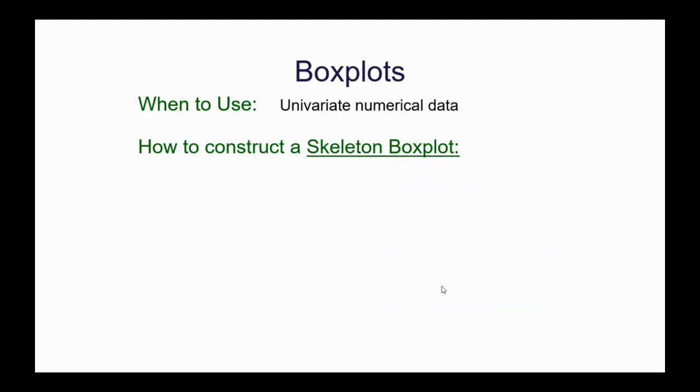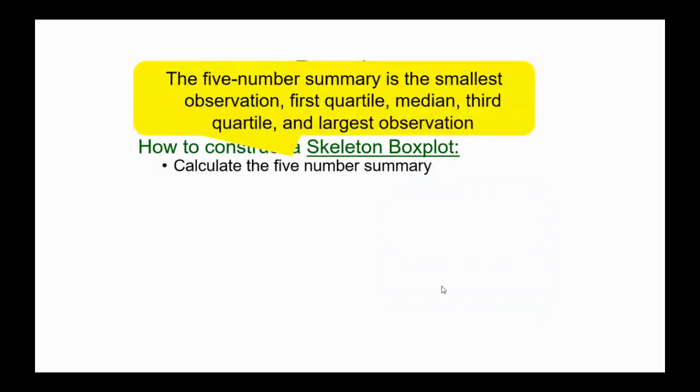So the first one we're going to look at is a skeleton box plot. It's just your most simple, basic box plot. Then we'll build on it. The first thing we need to do when we get ready to build any kind of box plot is do our 5-number summary.